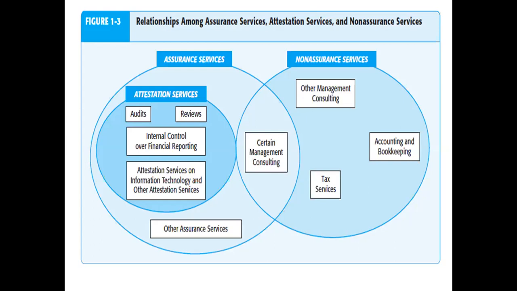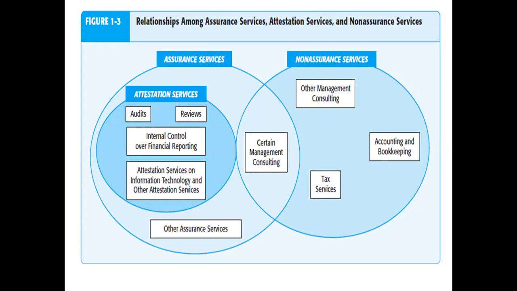As you know, the auditor may evaluate the internal control structure over preparing financial statements through conducting the audit of historical financial statements. At the same time, management may ask the external auditor to evaluate the internal control structure as a standalone service. So one of the attestation services is internal control over financial reporting.